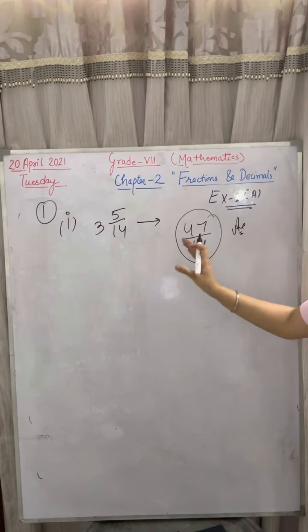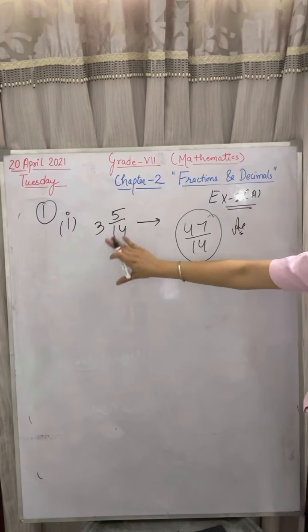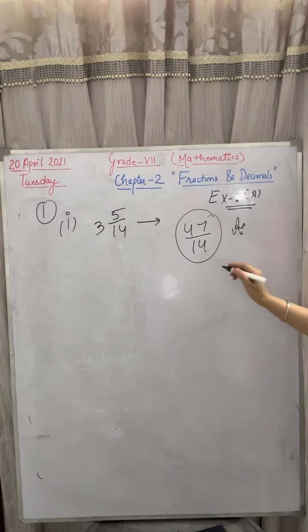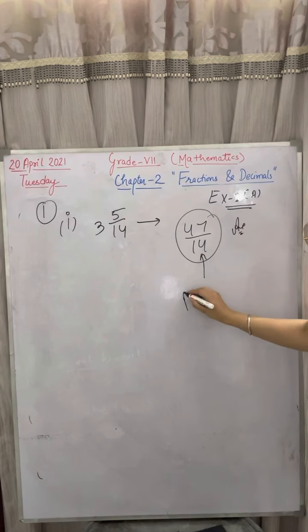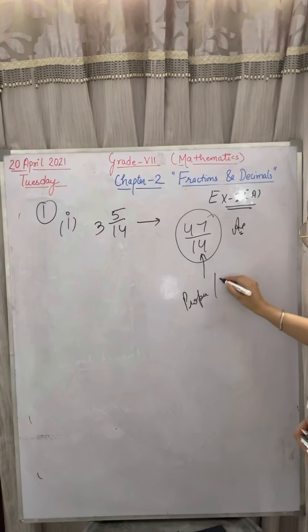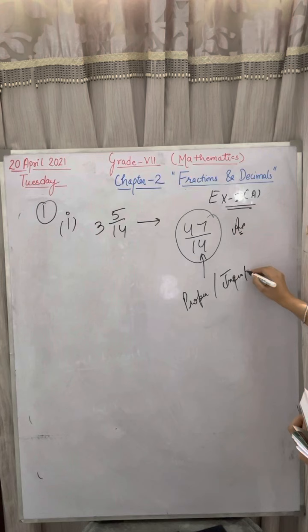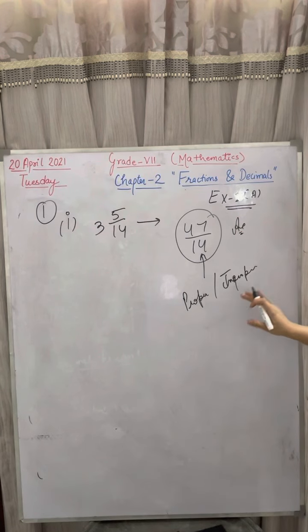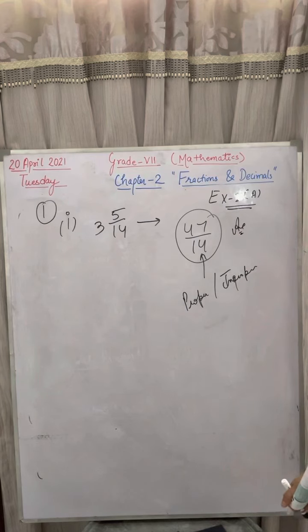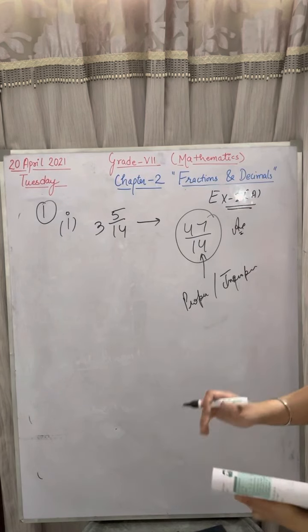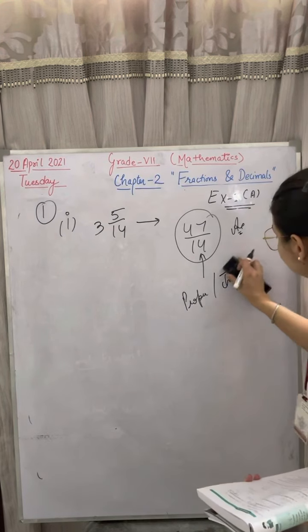You have to convert only this mixed fraction into the improper fraction. Now please tell me, is this a proper fraction or improper fraction? Please give me the answer. Very nice. It is improper, okay?